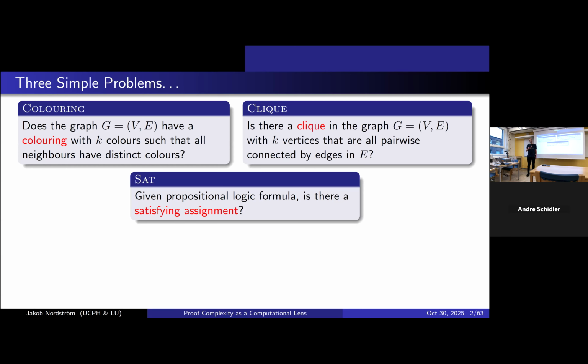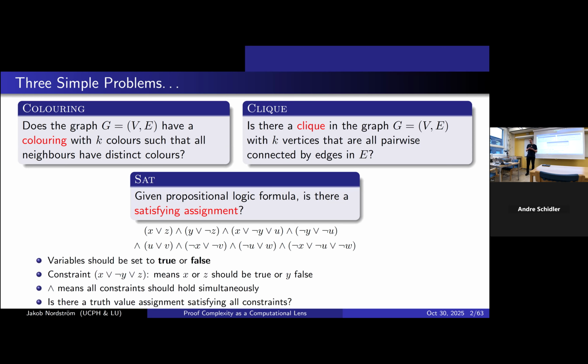The third problem we're going to think about is the Boolean satisfiability problem: given a formula in propositional logic, something in conjunctive normal form, like this formula here, is there a way to assign the variables to satisfy all the constraints? So what does this mean? Variables should be assigned true or false.